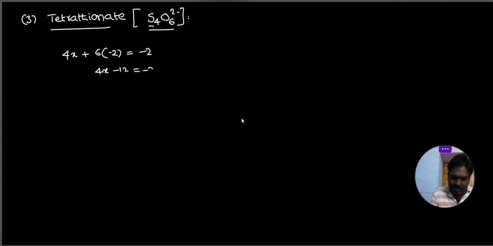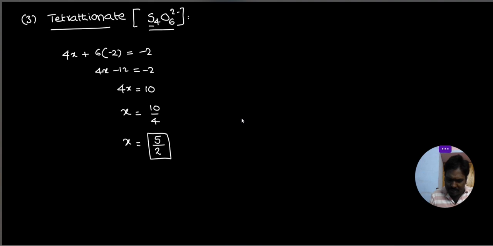So 4x minus 12 equals minus 2, 4x equals 10, x equals 10 by 4, x equals 5 by 2, then x equals 2.5. So what is the oxidation state? The average oxidation state of sulfur is 2.5 or 5 by 2.